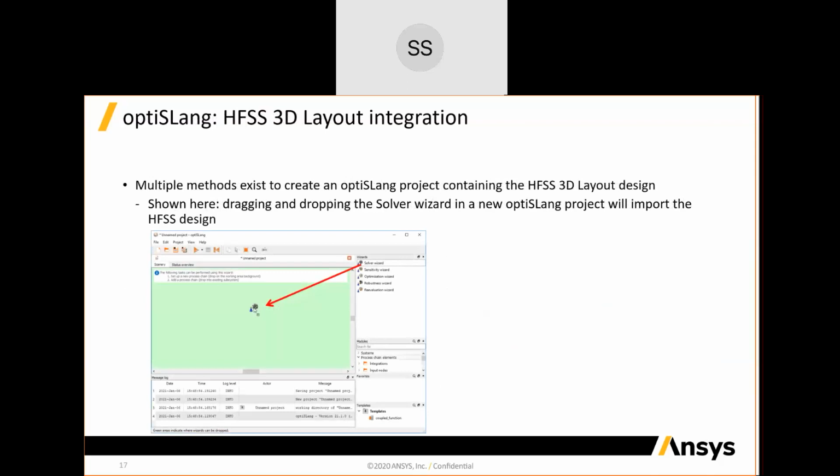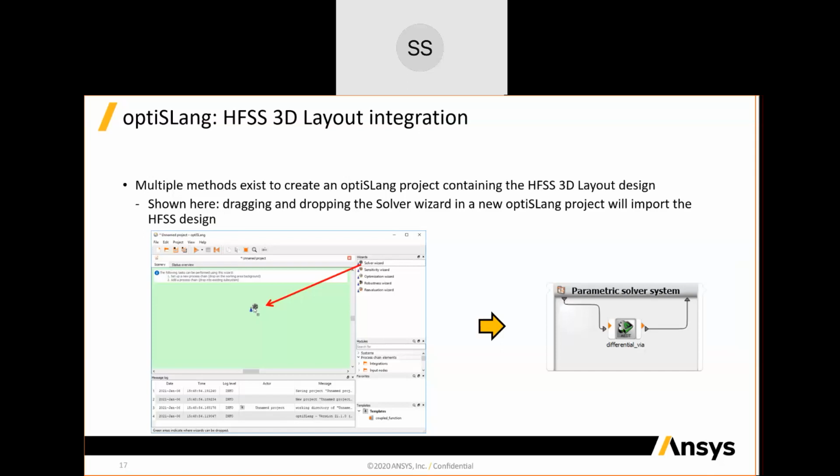To integrate 3D layout into optiSLang, we have different ways of how we can generate an optiSLang project that includes the 3D layout design. We can do that out of the electronics desktop with an ACT wizard, or actually directly out of the Optimetrics entry. Or what I'm showing here, we're starting off with a new optiSLang project and then using the drag and drop operation to drop the solver wizard onto the optiSLang scenery to generate this integration.